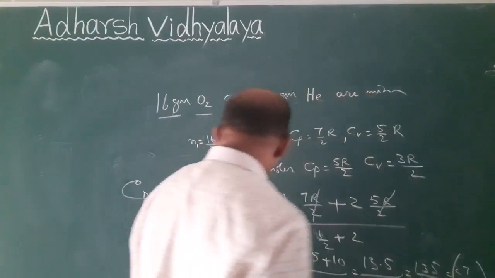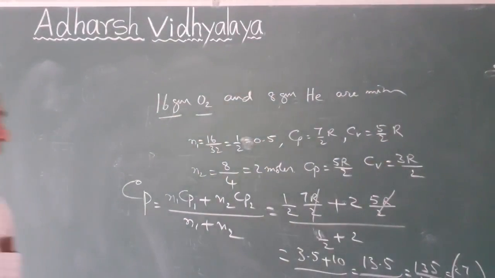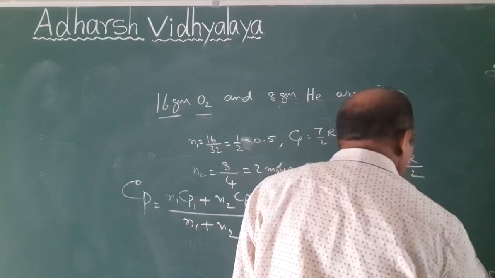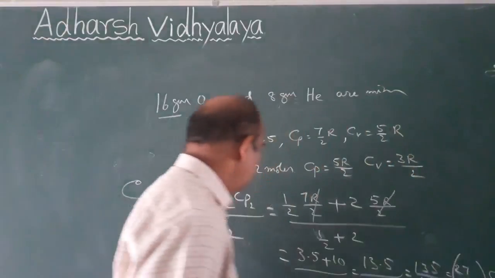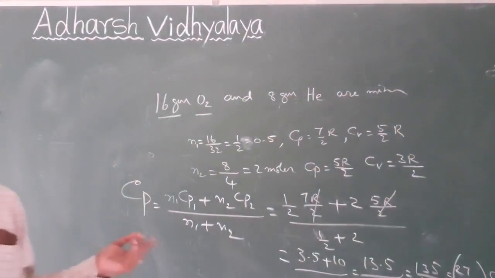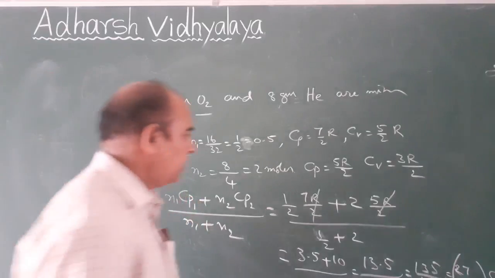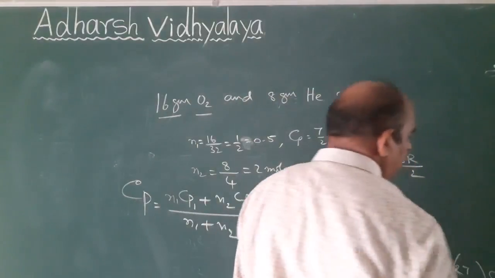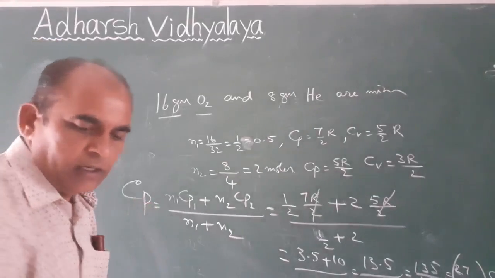So that is the mixed gas Cp value, 27 by 5. What is the unit? Calorie per mole per degree centigrade. So that is Cp of the mixture.